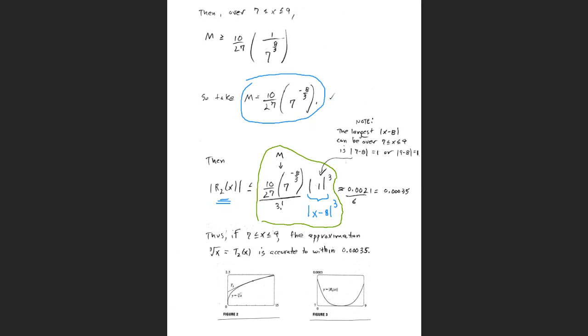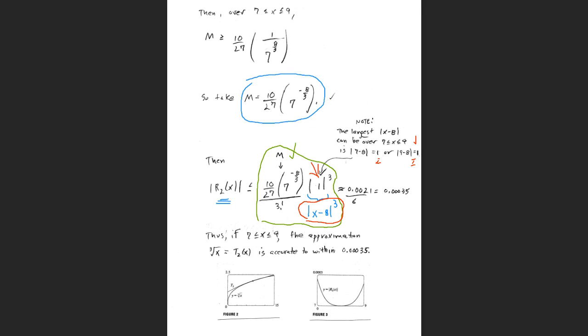We found the m that's going to work, but what about this part here, the absolute value of x minus 8 to the third power? Okay, a equals 8, right? So the absolute value of x minus 8, the largest it could be would be 1. That would be when x is 7 or x is 9, because the absolute value of 7 minus 8 is 1, and the absolute value of 9 minus 8 is 1.